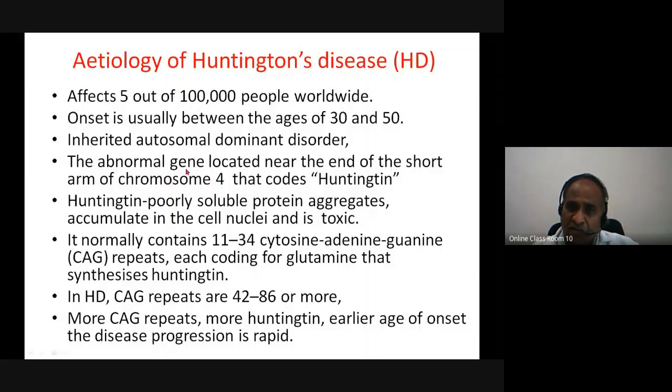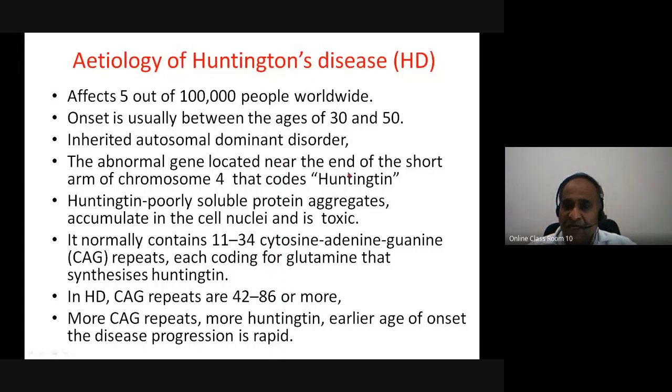This short arm of chromosome 4 codes for a protein known as Huntingtin. This Huntingtin is present even in normal healthy individuals; it is expressed in the normal healthy brain, and it performs certain functions.